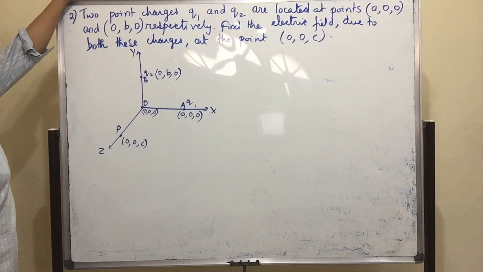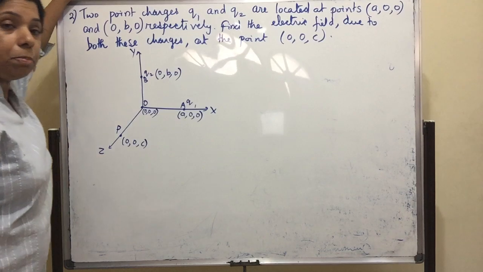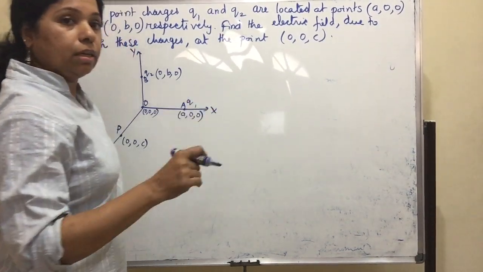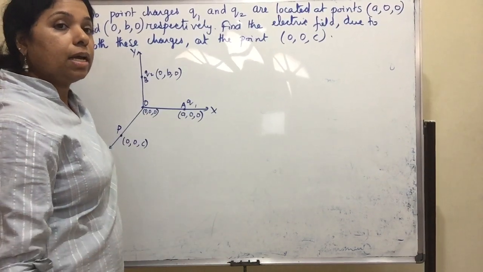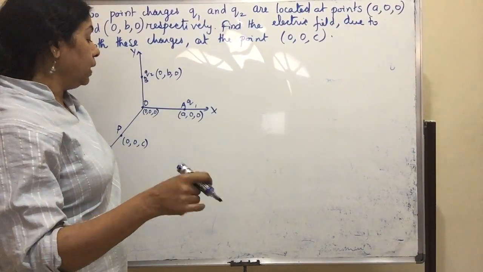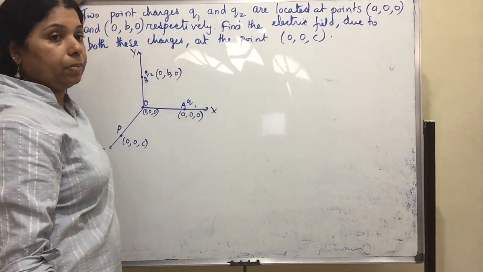Now, how to find the electric field at this point P? You have studied the principle of superposition: the electric field at a point due to a system of charges is equal to the vector sum of the electric fields at that point due to each of the individual charges.